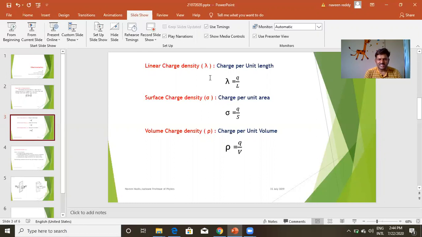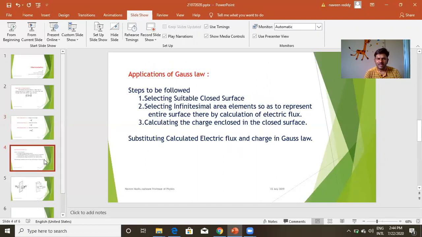Then volume charge density, rho, is equal to Q over V. That is charge per unit volume. Okay. We need to use those variables wherever required. We will see the usage of those variables while we are discussing the applications of Gauss law.